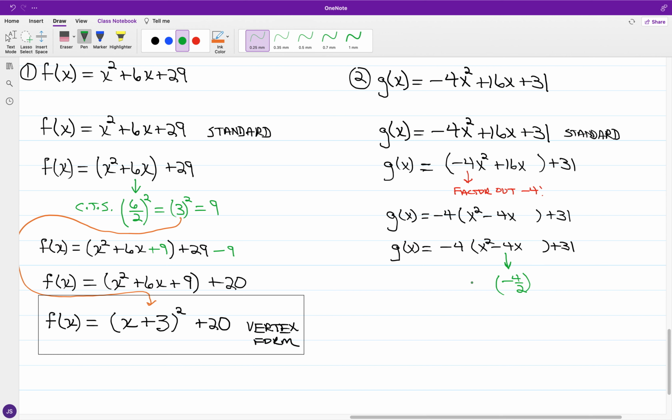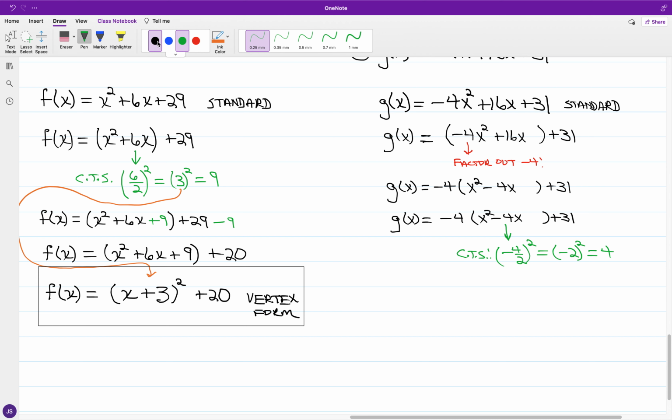Again, for the completion of the square, I have half of negative 4, squared. Half of negative 4 is going to be negative 2, and negative 2 squared is going to be 4. And that number, negative 2, is going to resurface.